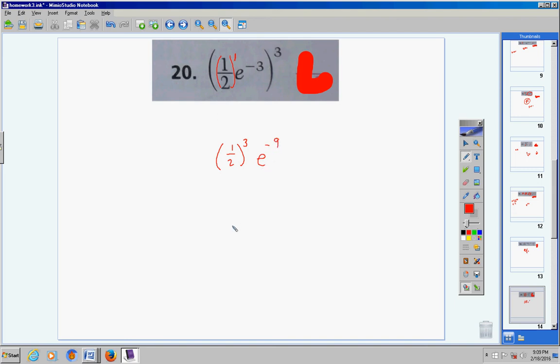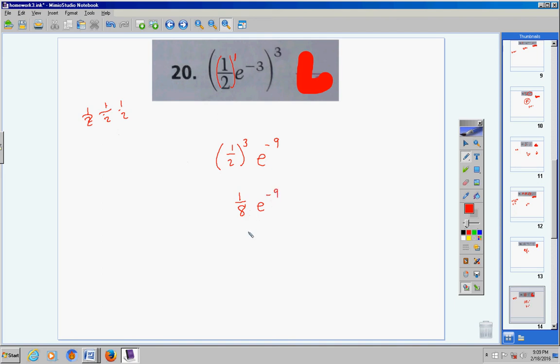Pretty simple, guys. Now, 1/2 to the 3rd power is 1/2 times 1/2 times 1/2. That's 1/8, because 1 times 1 times 1 is 1, and 2 times 2 times 2 is 8. So I have 1/8 e to the negative 9.